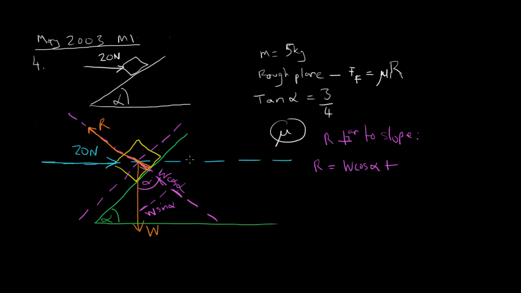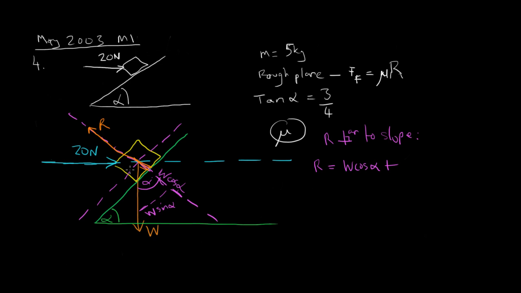There's a component of this force that's going in the direction into the slope, and whatever much of this is going into the slope, the reaction is going to have to work against and therefore provide. So it's going to be made up of an addition of both the weight that's pushing it into the slope, and also the reaction to this 20.